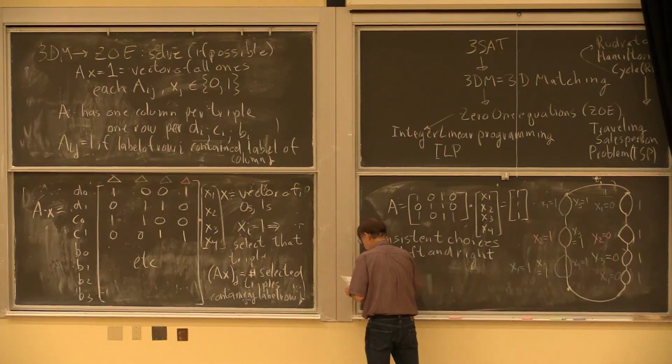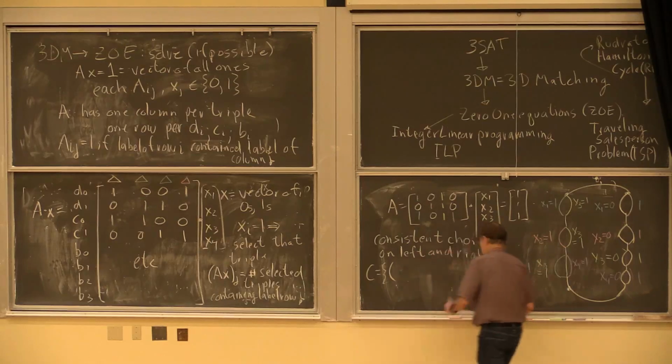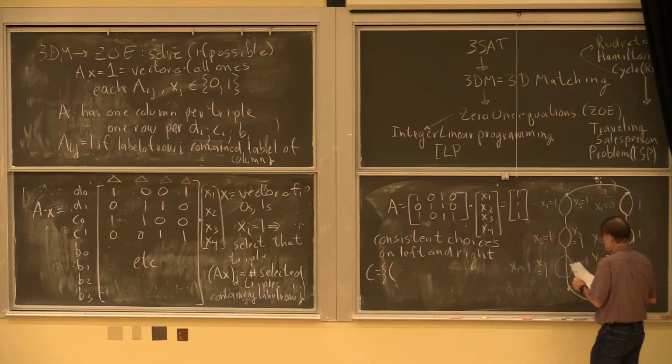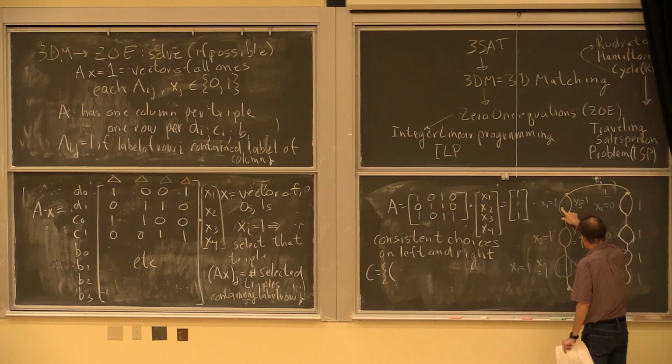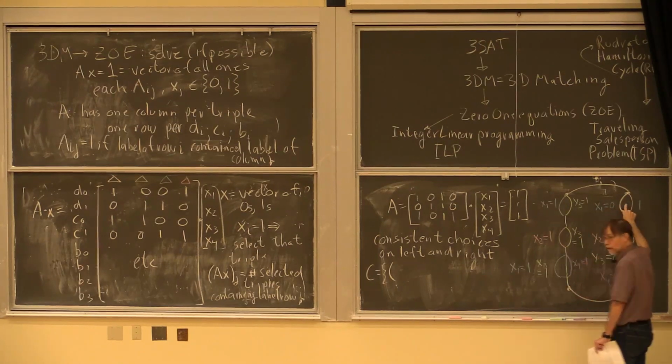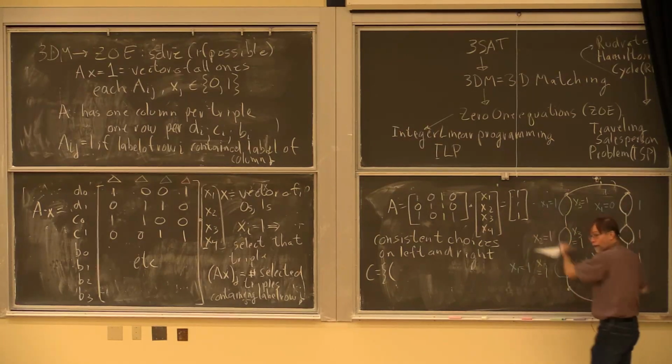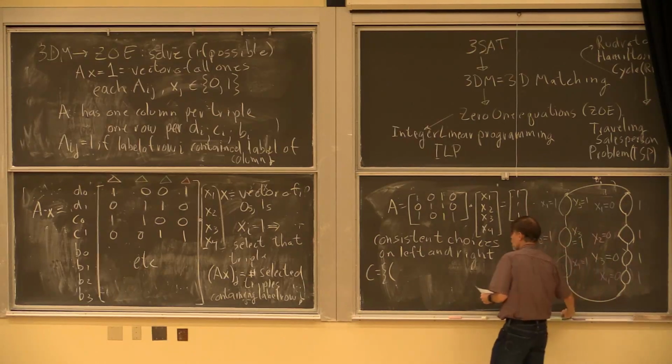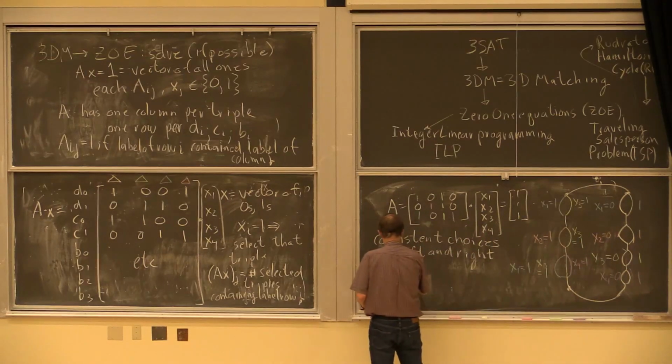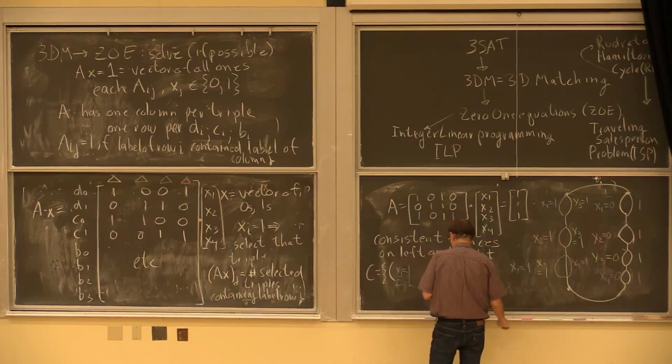And so here's how I'm going to pick my set C of pairs. So for example, if I pick x1 equals 1 over here, I can't pick x1 equals 0 over here. So I have to pick either that one or that one. So that's going to be how I make that consistent. So this is going to be either x1 equals 1 in equation 1, or x1 equals 0.